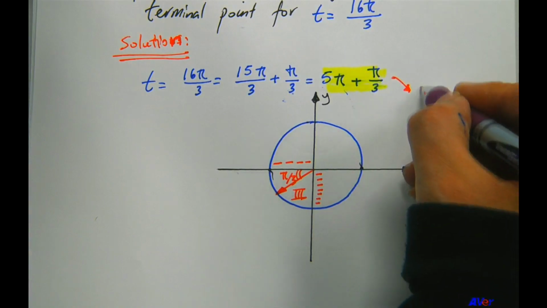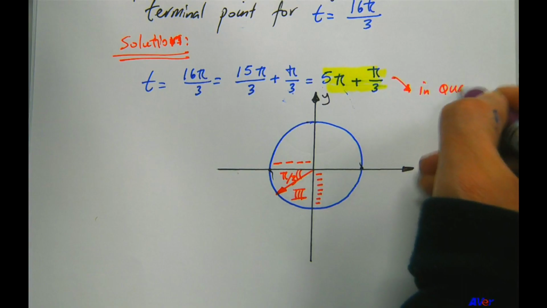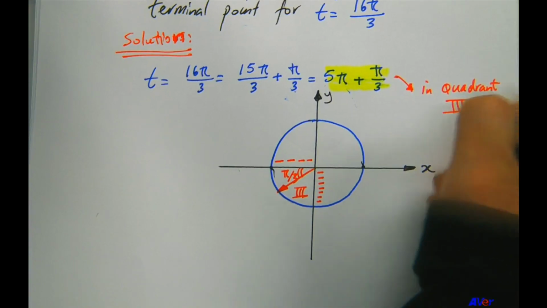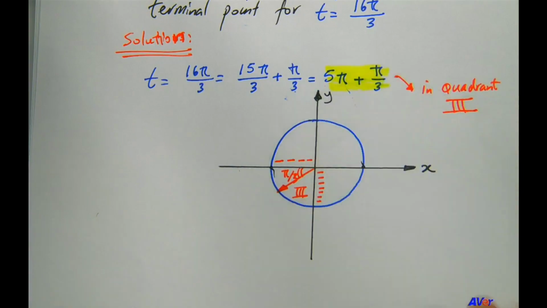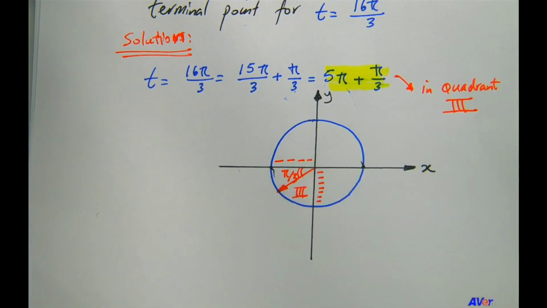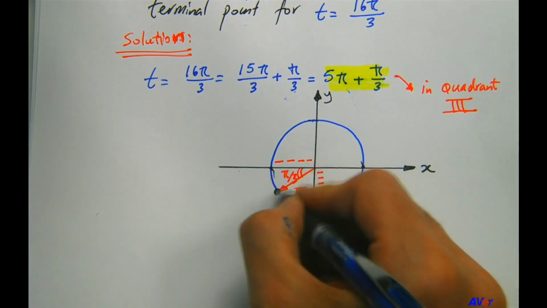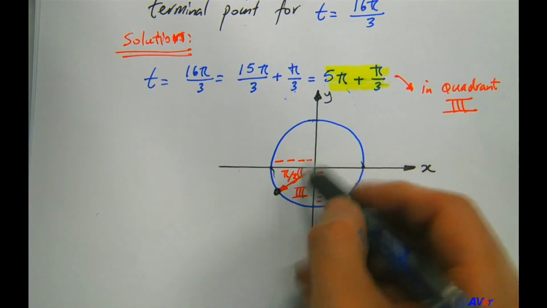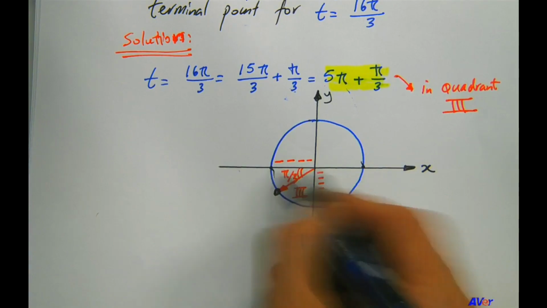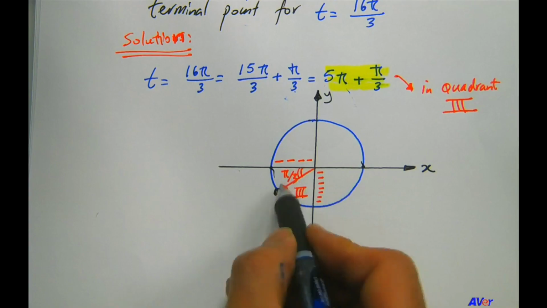So in quadrant 3, that's where this angle is, which we have traced here. That's the terminal point, and we know that the reference angle is the shortest distance between the terminal point and the x-axis. So our reference number is pi over 3.